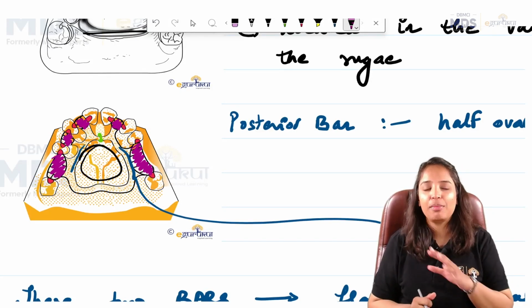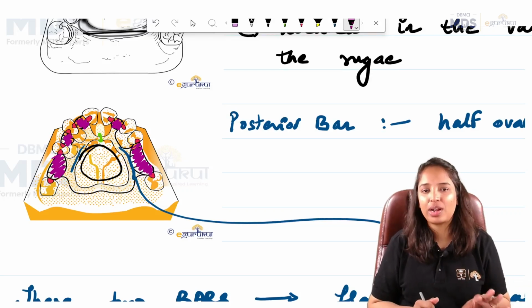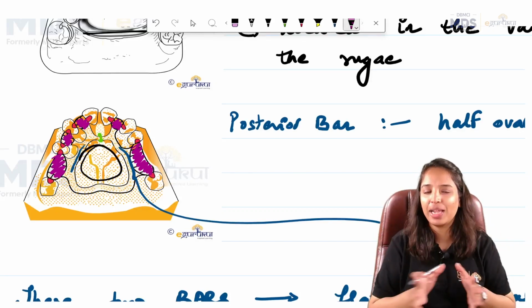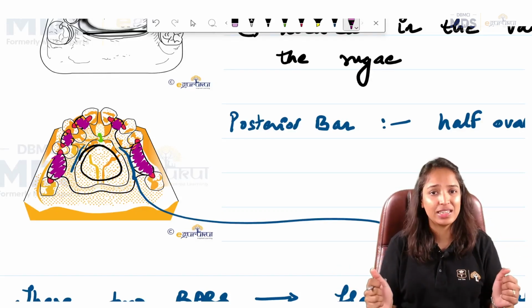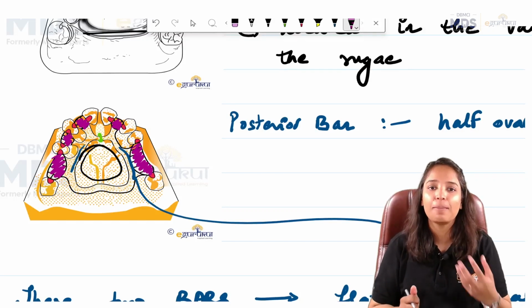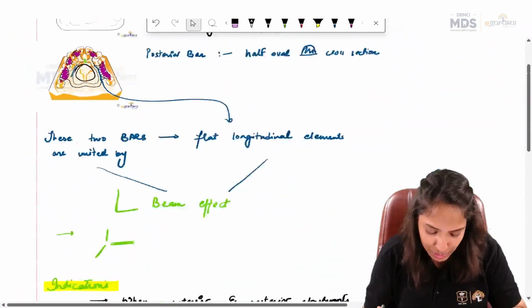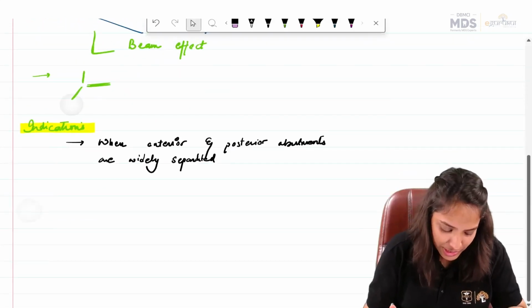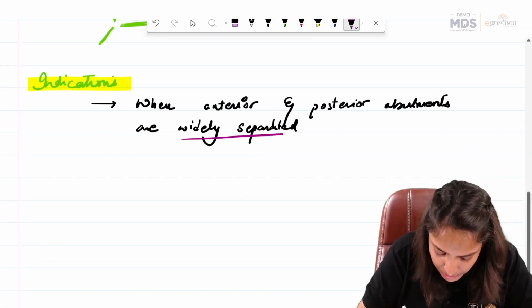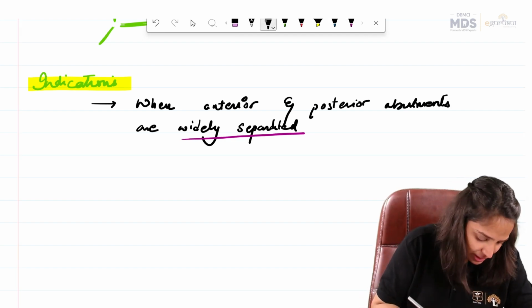At that point of time, a single palatal bar or a strap is not going to be of any help for you, and you need a larger major connector design from which your minor connector and other components can emerge. So that design is your anterior-posterior palatal bar. That makes up the first indication of it, which is anterior and posterior abutments being widely separated.